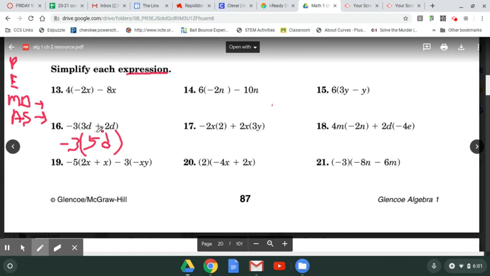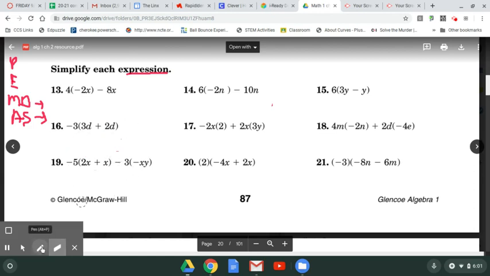Now when we multiply those, we have a negative times a positive. We multiply the numbers, then tack on the variable. Negative 3 times 5 is negative 15. And then we tack on d.